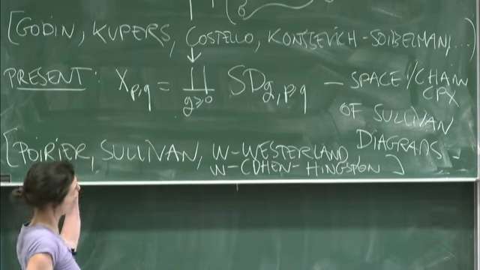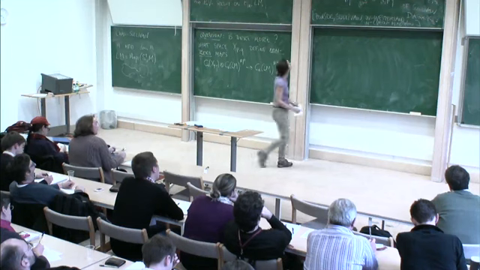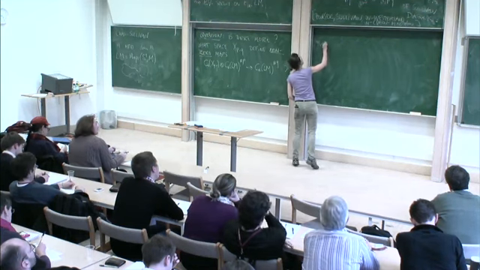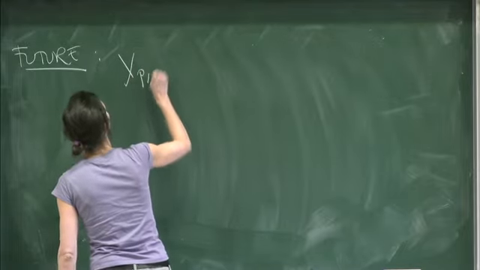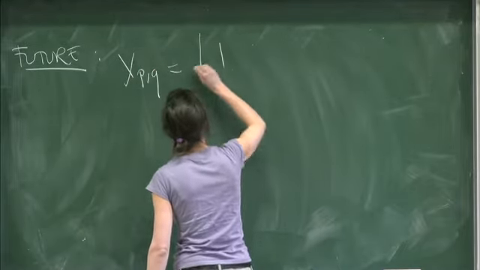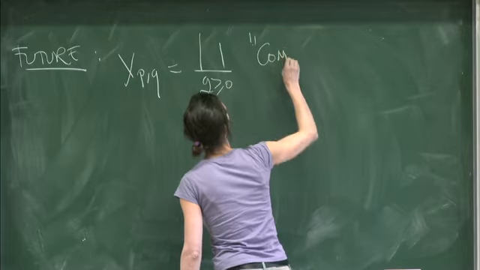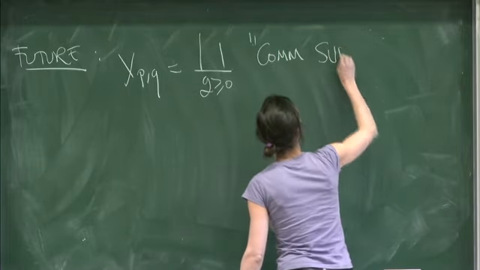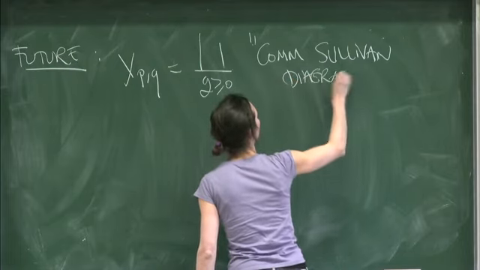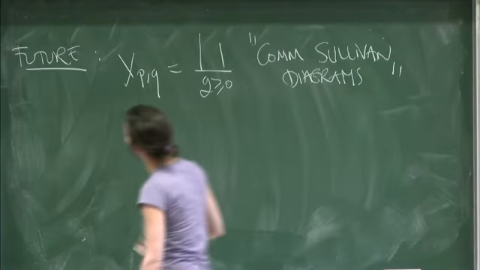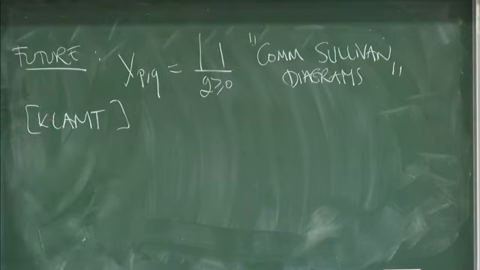Okay, so that'll be what I'll mostly be talking about, but let me say a word about the future. Well, there's a space we don't quite understand yet, which is sort of commutative Sullivan diagrams, and this is ongoing work of a student of mine, Angela Clampt.